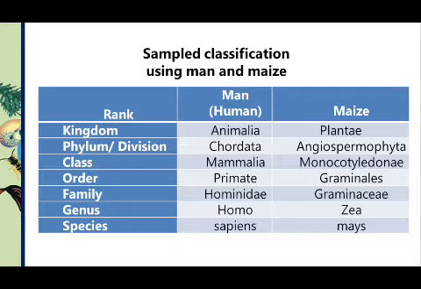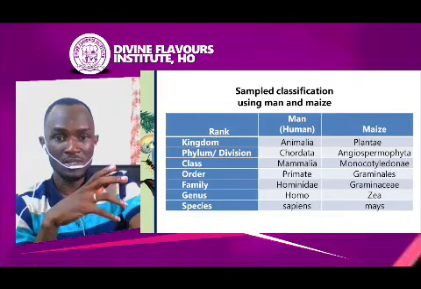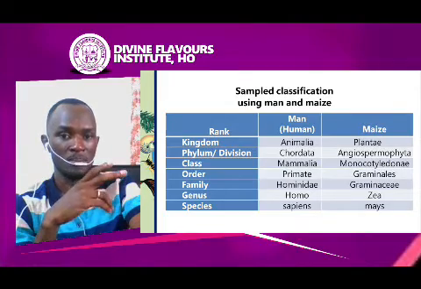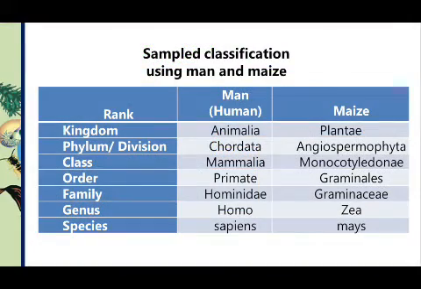Then in terms of the class, humans belong to Mammalia, maize belongs to Monocotyledonae. We made mention of this in our previous discussion, so I won't talk much about it. Then, in terms of order, humans belong to the Primates, and maize belongs to the Graminales.